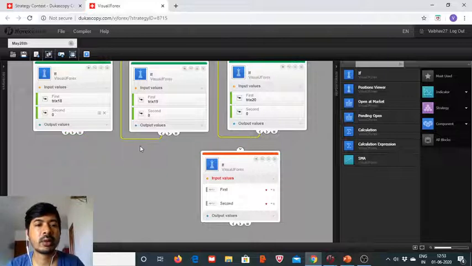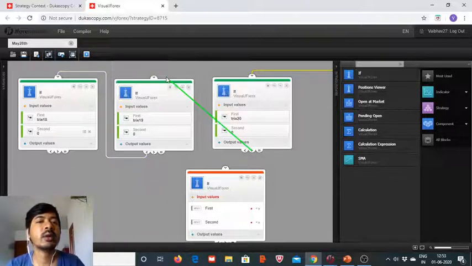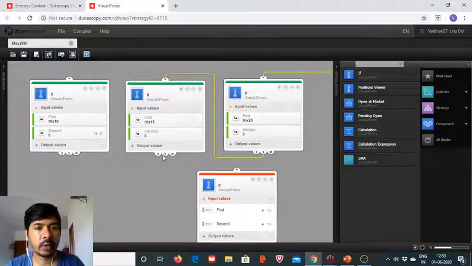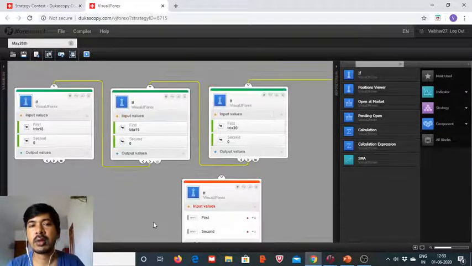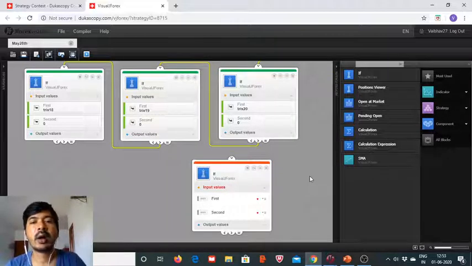Oops, I think here I had overlooked this. This condition is actually needed to be reversed. Sorry, pardon me for the error of omission. Now we got this.